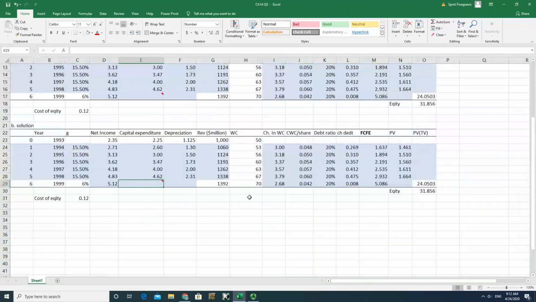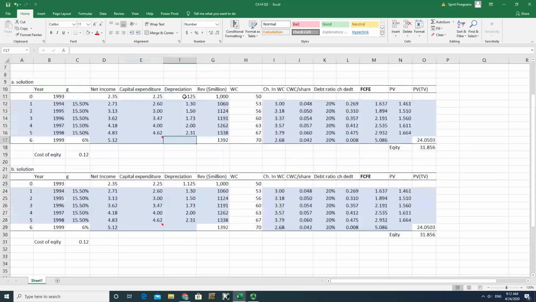Okay, here's solution B, and here capital expenditure is to be 200% of depreciation. And previously depreciation, let's say depreciation increased by 6%, right? You can still use this number here, but make sure that capital expenditure equals twice depreciation.